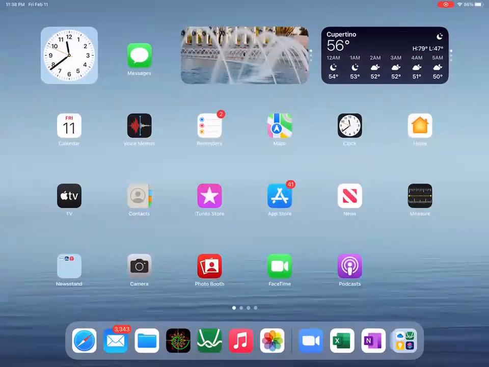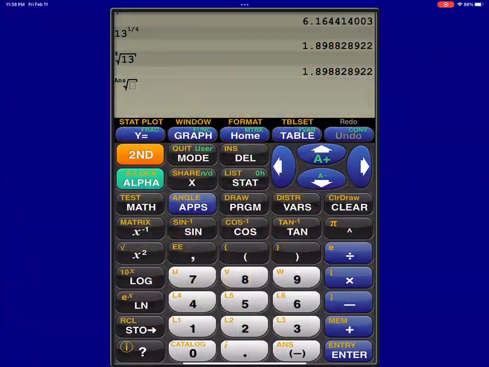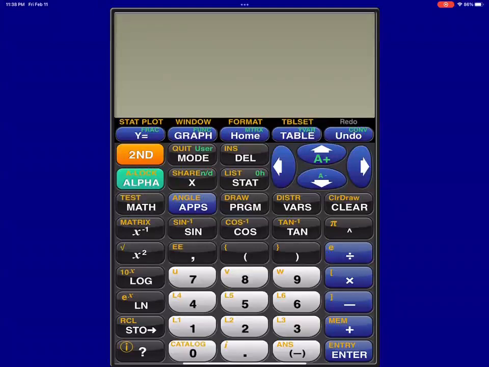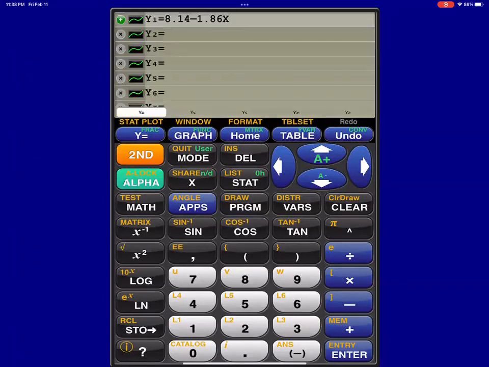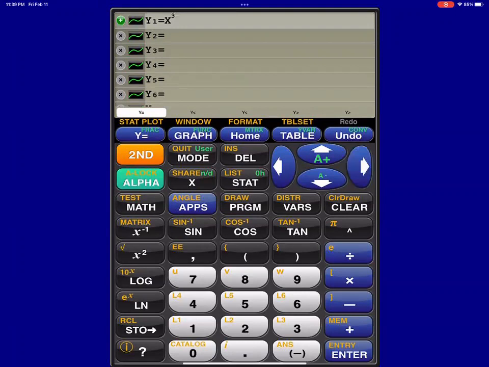So I'm going to open up my calculator here. The very first step, you plug in y equal to, and then you plug in what the function is, which is x cube minus 2x minus 5. So x cube minus 2x minus 5.